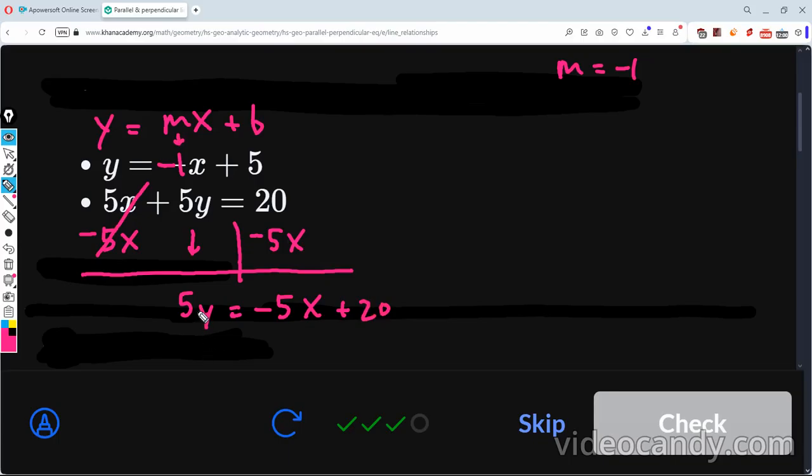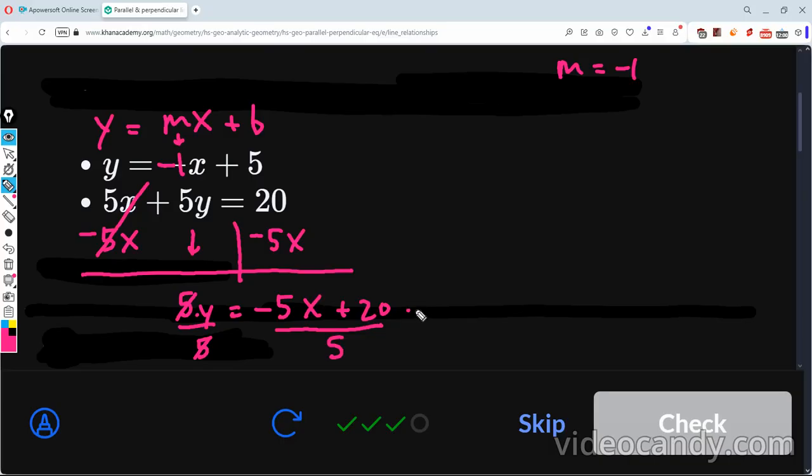Here we have 5 times y. The opposite of y times 5 is divided by 5. You want to do that to both sides. It cancels here. Now we have y equals, with terms added over a common denominator.